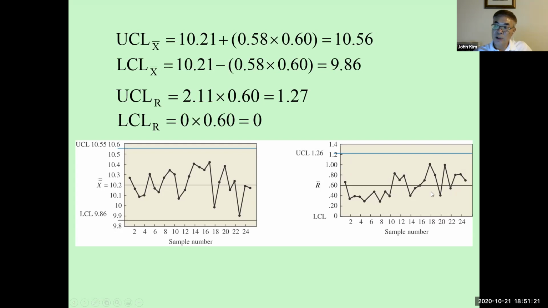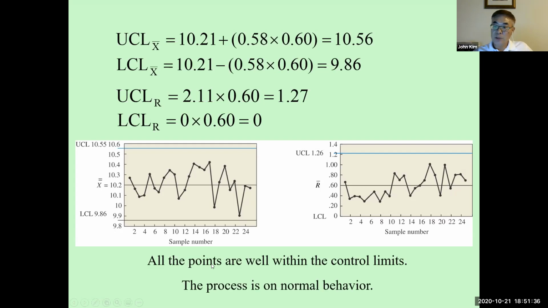The range deviation is also between the upper limit and lower limit. So we can say all the points are well within the control limits. The process is on normal behavior.